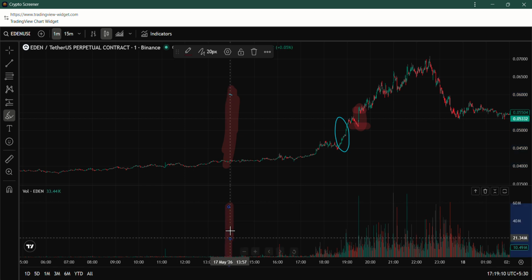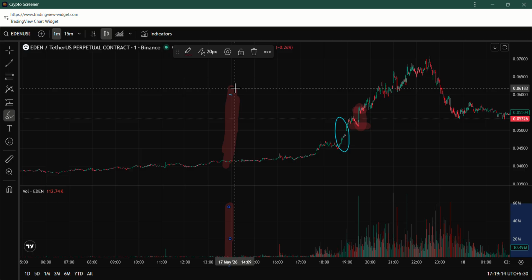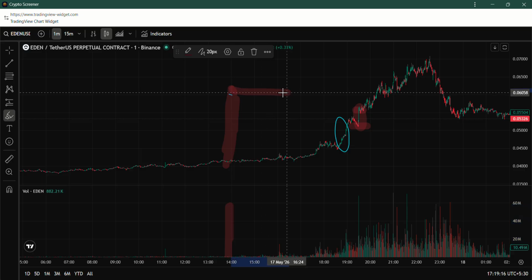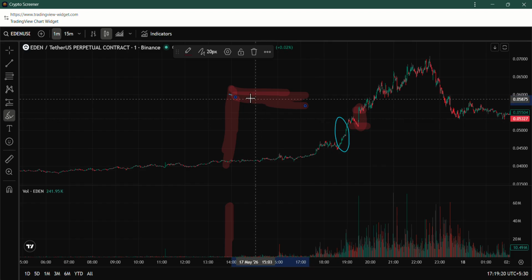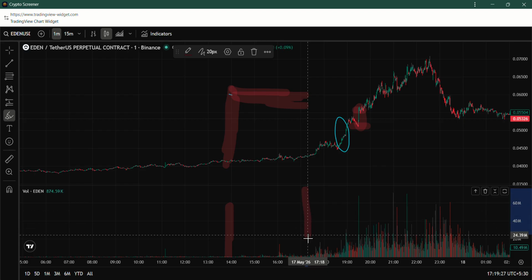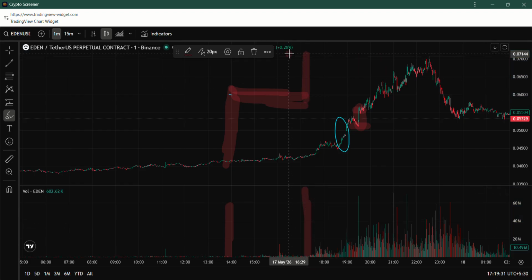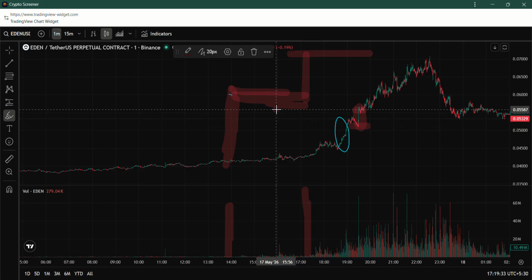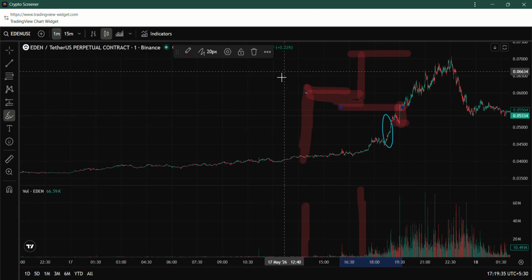After that you wait at least 30 to 40 minutes within the range. And when it breaks out with institutional volume, you can enter here and the SL is there.